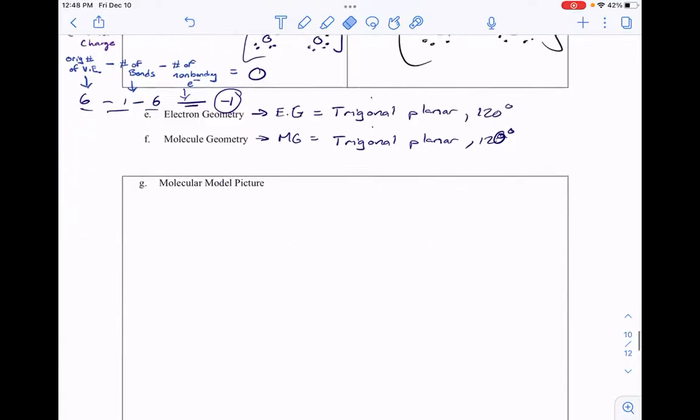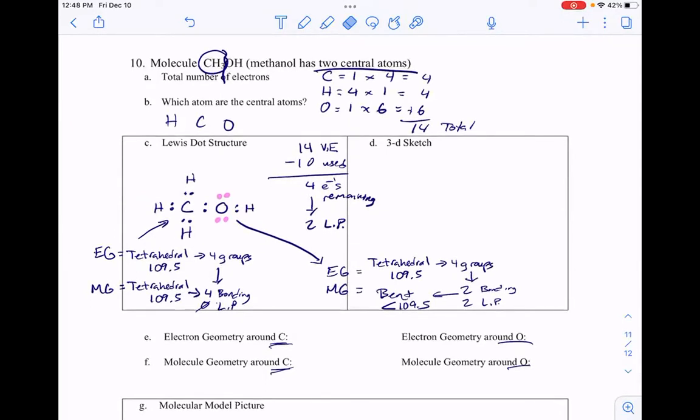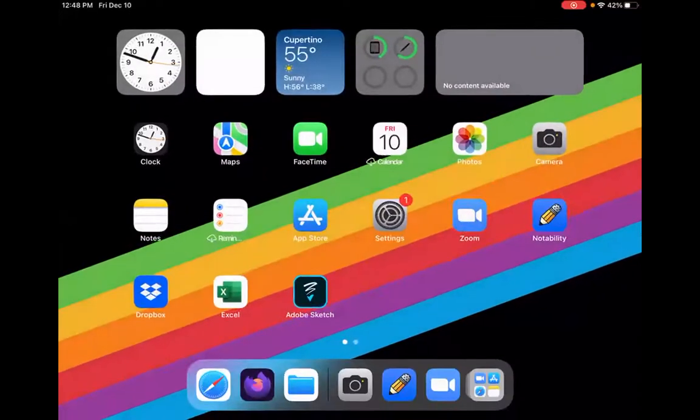All right, and so the final one is going to be CH3OH. So you guys are going to be using 1 black sphere, 1 red sphere, and 4 white spheres.